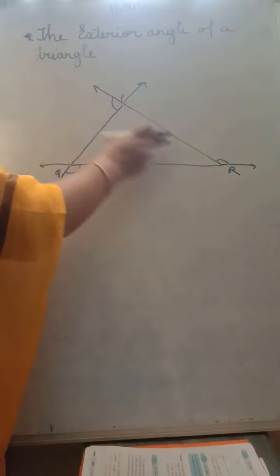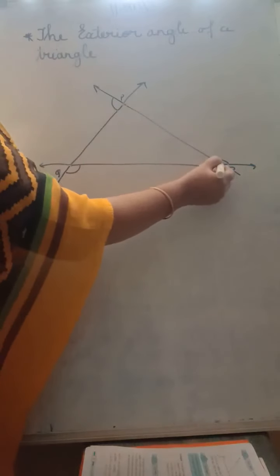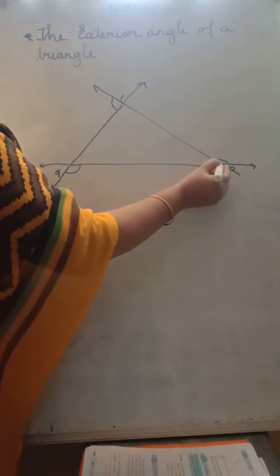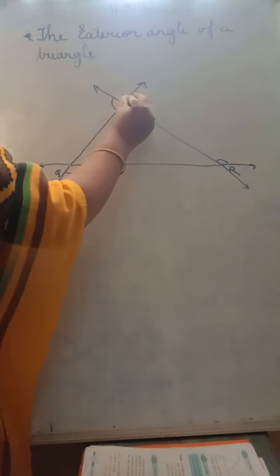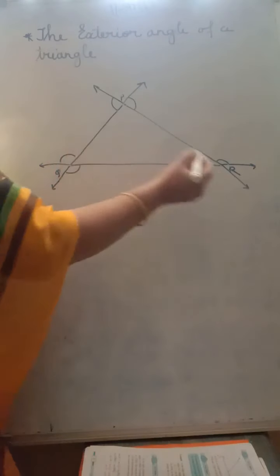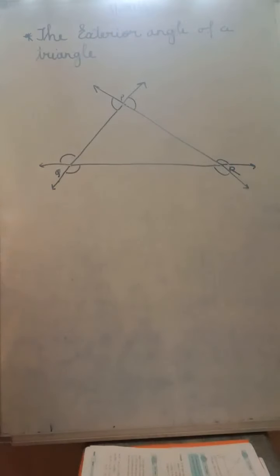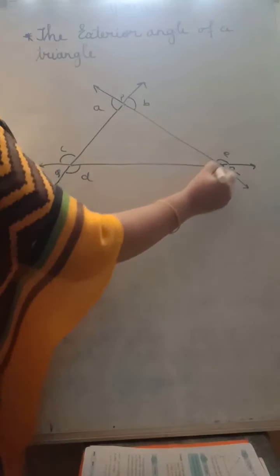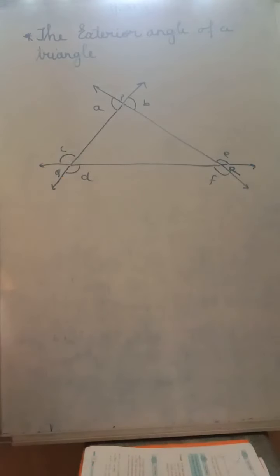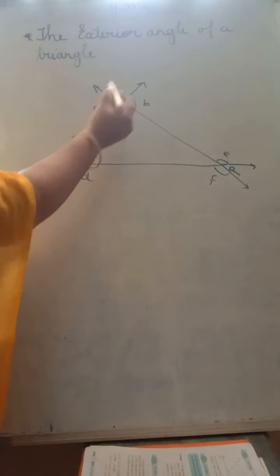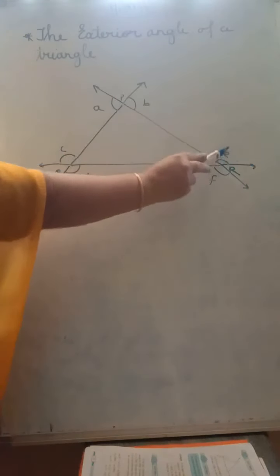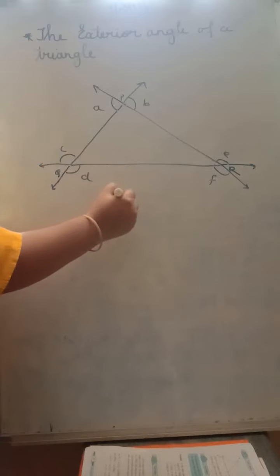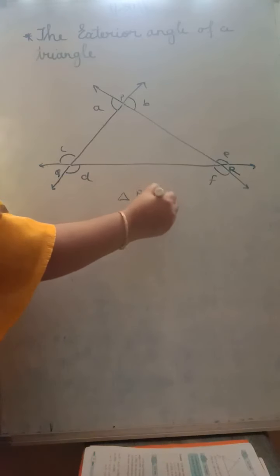RP we extended upward, now we will extend it downward. Because of these extended lines, we again get 3 angles, 1, 2 and 3. If we name them like this, in total how many exterior angles did we get? 6 exterior angles, that is angle A, angle B, angle C, angle D, angle E and angle F. These are the 6 exterior angles of triangle PQR.